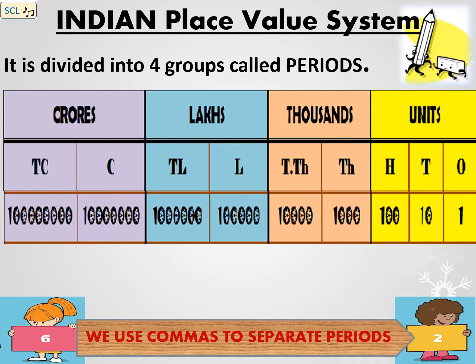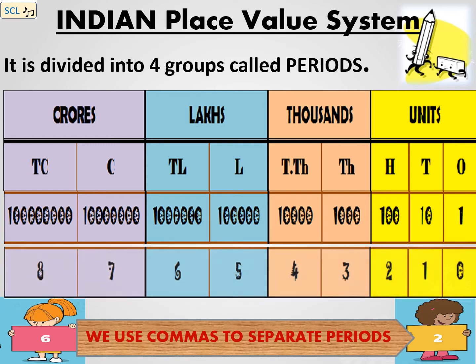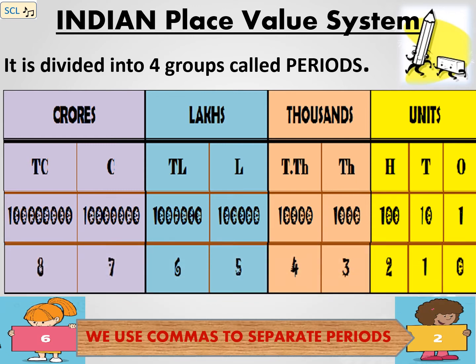Thousands, 1 with 3 zeros. 10,000s, 1 with 4 zeros. Lakhs, 1 with 5 zeros. 10 lakhs, 1 with 6 zeros. Crores, 1 with 7 zeros. And 10 crores will be 1 along with 8 zeros.